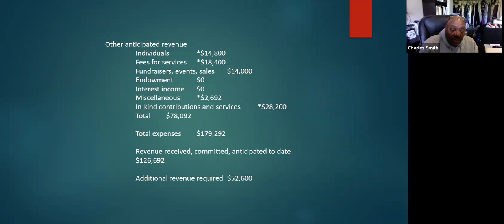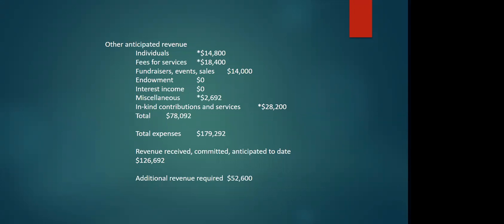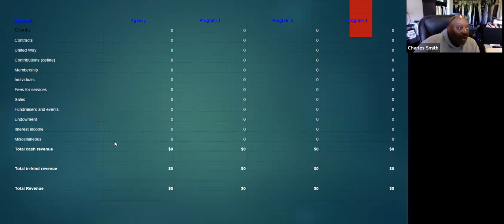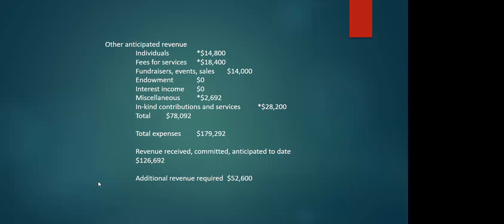Okay. Total expenses, $78,092. Total expenses, $179,292. Revenue received, committed, anticipated to date, $126,692. Additional revenue required, $52,600. Sorry, I didn't mean to hit that button that quick. This group right here is finessing it.